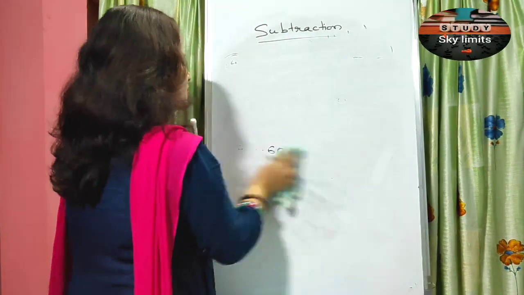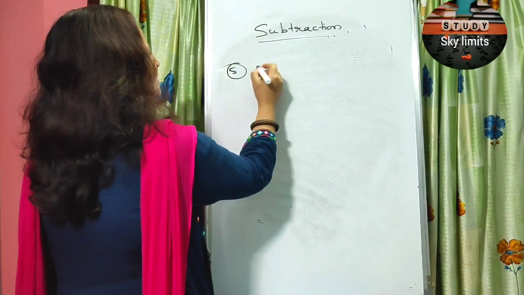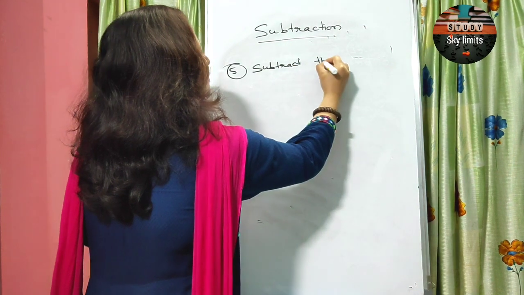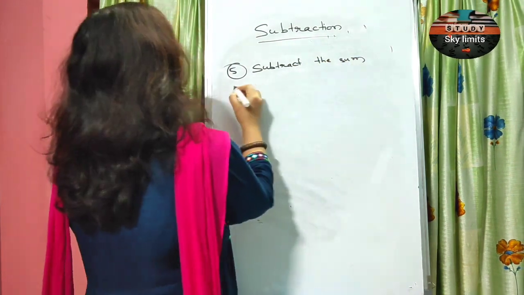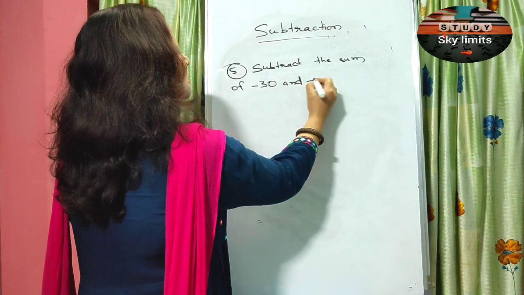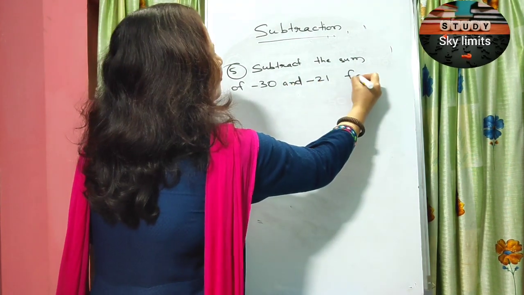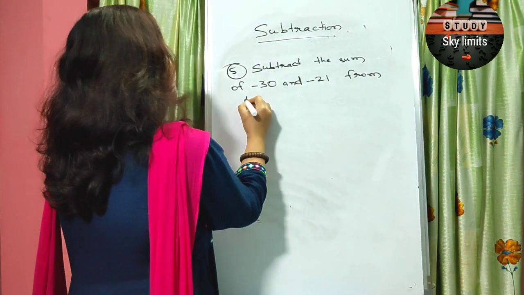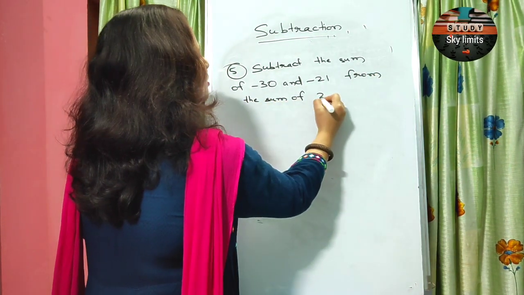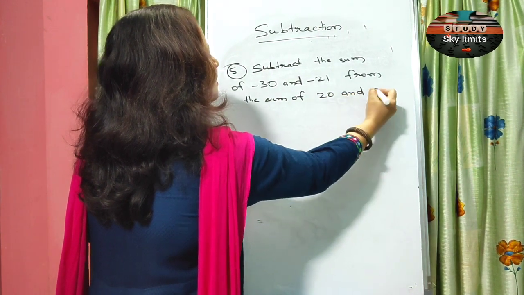The different varieties of questions are there. Question number 5. Subtract the sum of minus 30 and minus 21 from the sum of 20 and minus 40.